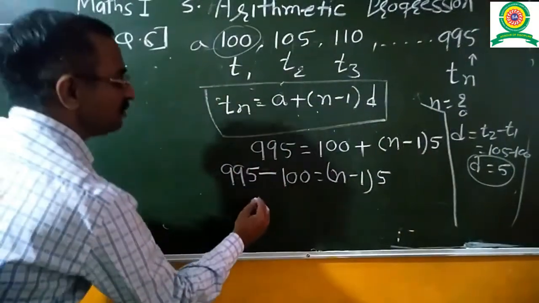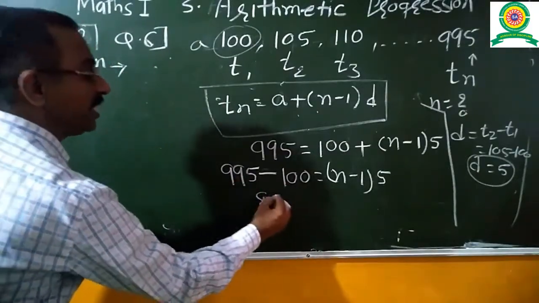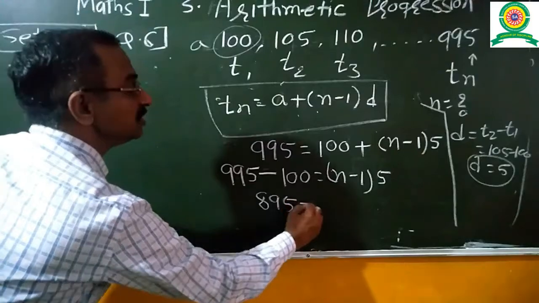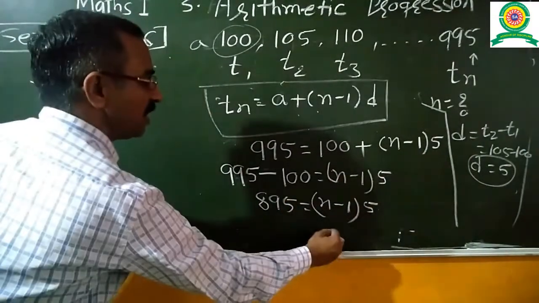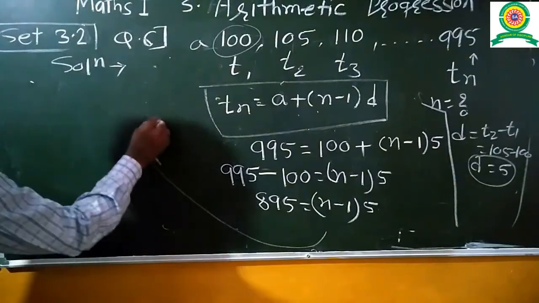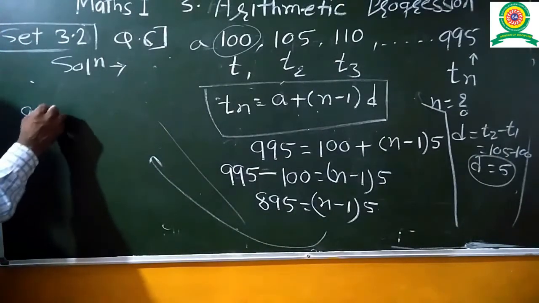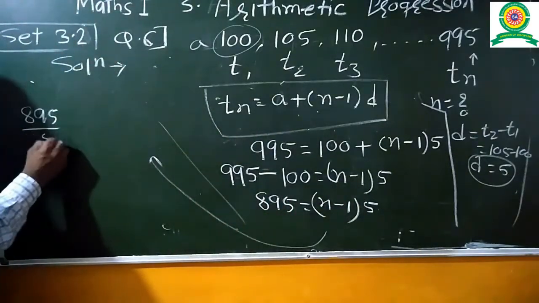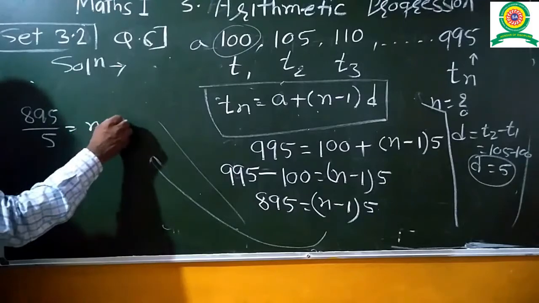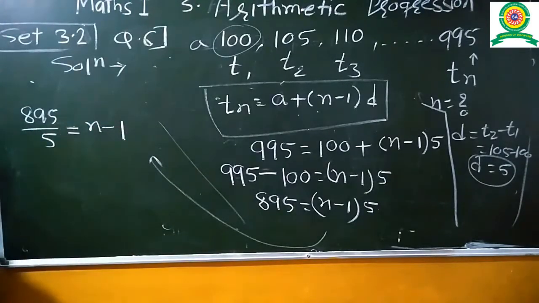Taking the difference, 995 - 100 = 895, which equals (n - 1) × 5. Here 5 is multiplied, so we divide by changing the side: 895 divided by 5 equals n - 1.